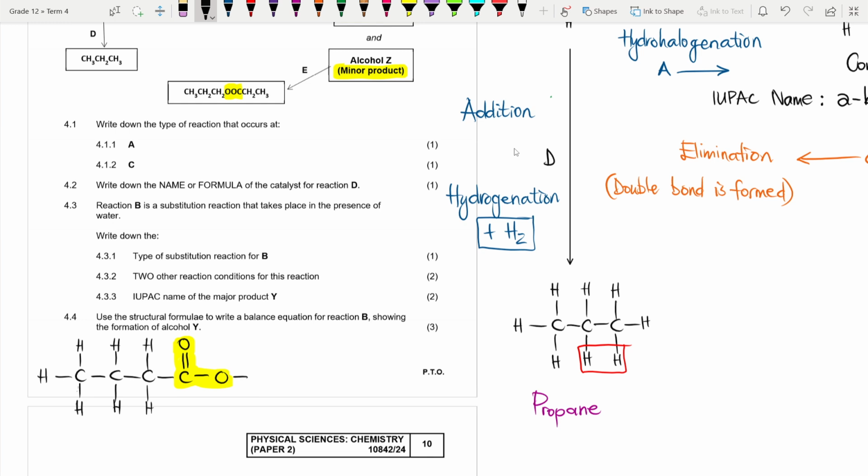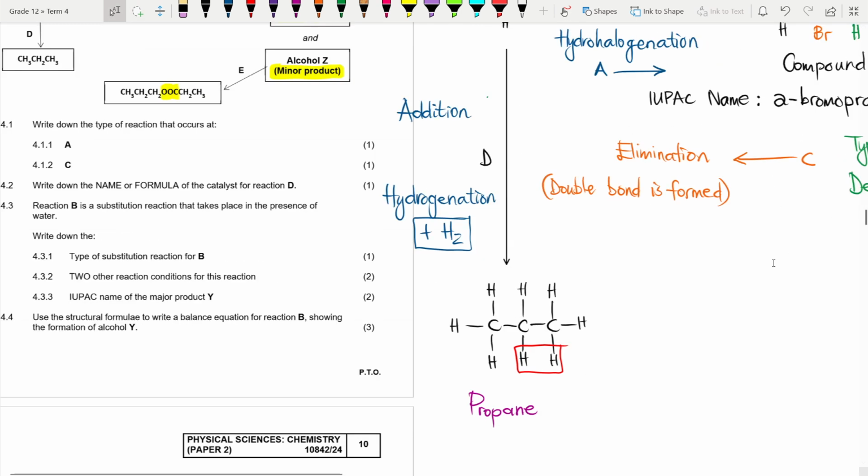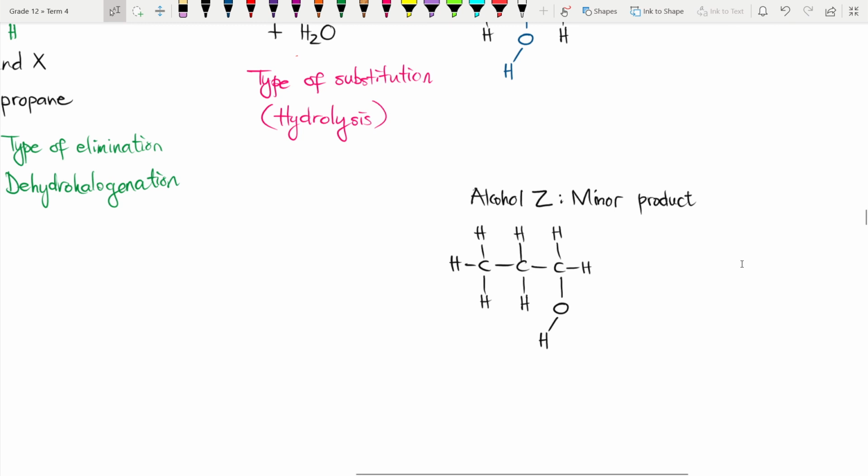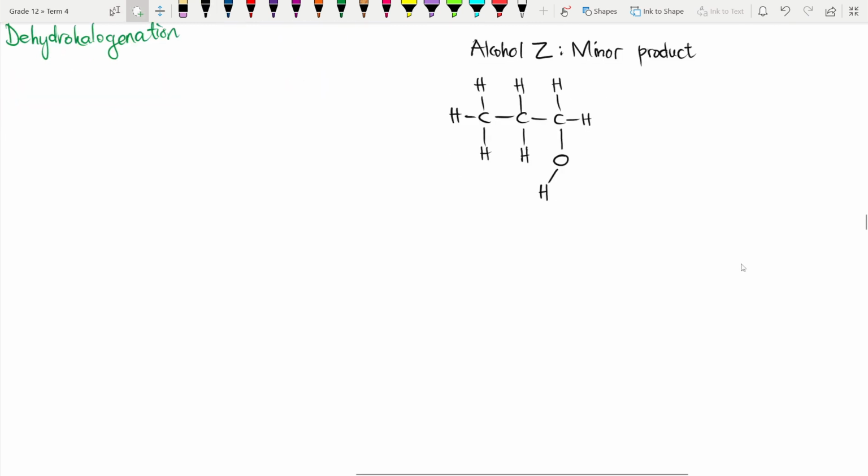Then there's another C attached to H, and then there's C, H. Okay, then I want to copy this and paste it on our flow diagram. So from this minor product, we go to this thing that we just drew. And this is following reaction E.